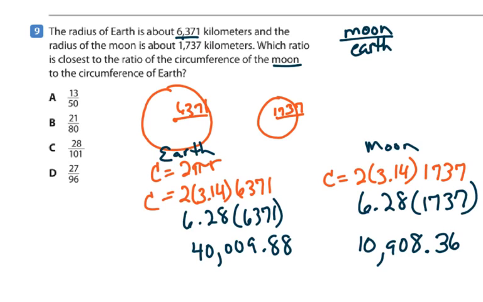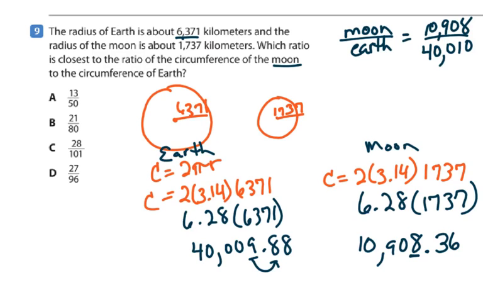So I'm just going to drop these decimals off and round. I'm going to round to the whole number here. So the Earth is 40,010. That 8 would make that 9 go up. So anyway, and here I would keep it the same, 10,908.